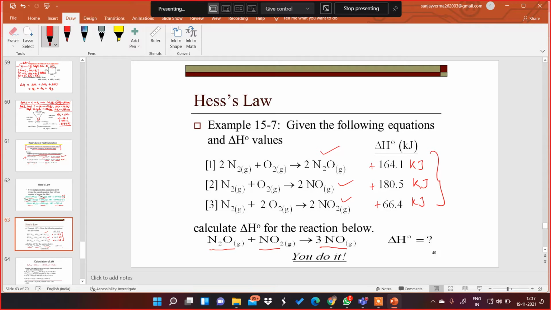Use common sense. You have to find the delta H naught for the reaction given below. Getting it?